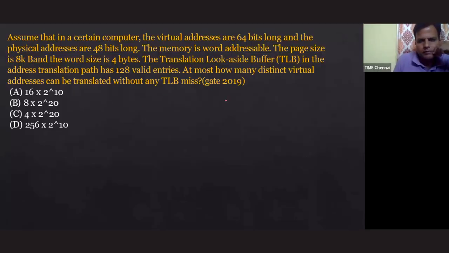Virtual addresses means logical address, 64-bit, and physical addresses 48. The word size is 4 byte. The translation look aside buffer in the address translation path has 128 valid entries. So TLB has 128 valid entries.